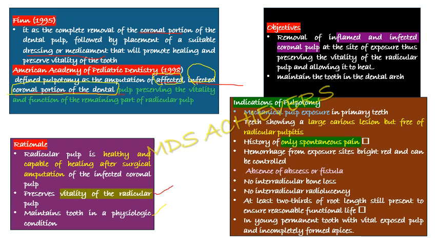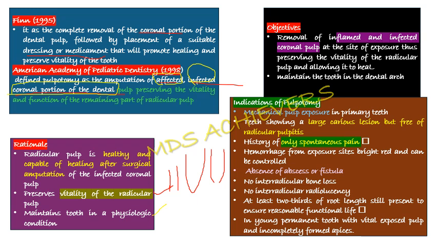That is, in order to preserve the radicular pulp so that the root portion that is not formed can be completed on its own, like a normal tooth. For an open apex condition also we can indicate the pulpotomy, so that the radicular pulp is preserved, thereby helping in the formation of the root which is not completed, and it can be completed over a period of time.